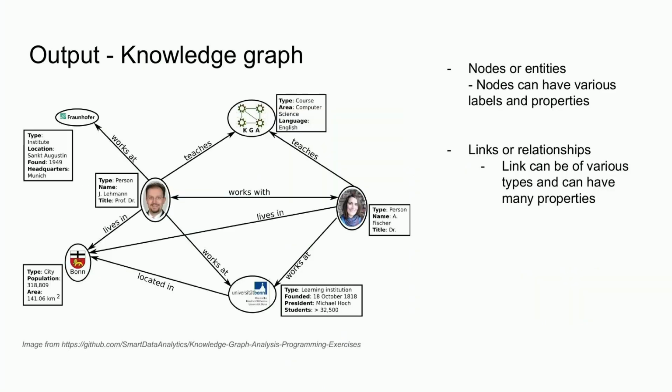And as a result, ideally what you will get is a knowledge graph. I'm certain you've heard knowledge graph a lot today, but just to give you a quick idea: a knowledge graph has nodes that represent real-world entities or concepts. Nodes can be of many types, for example person, course, or location types.